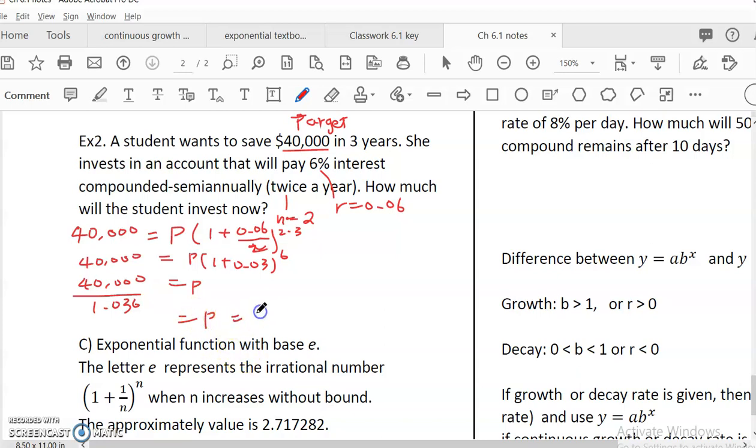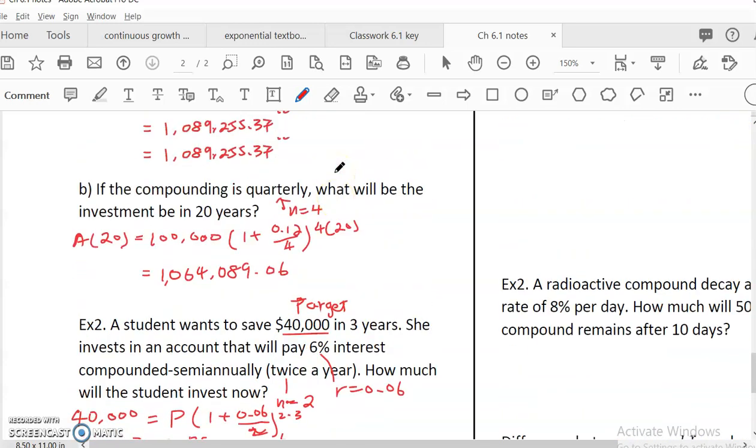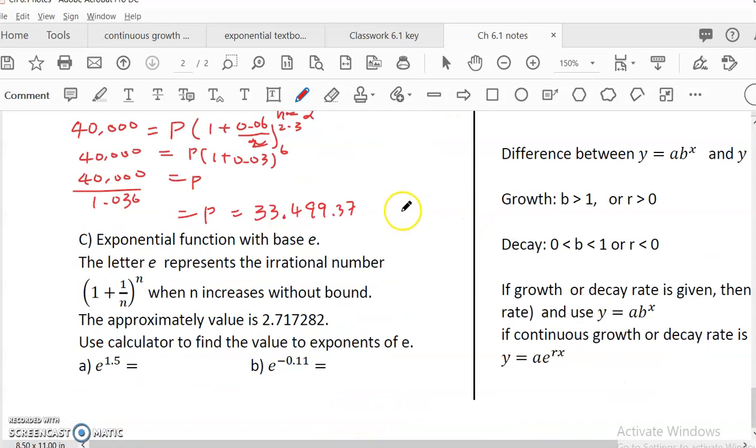So the present value that you should save is 33,499.37. And if you do this kind of compounding twice a year and also getting 6% interest, at the end of 3 years, you would have 40,000. So that's how you solve this compound interest situation.